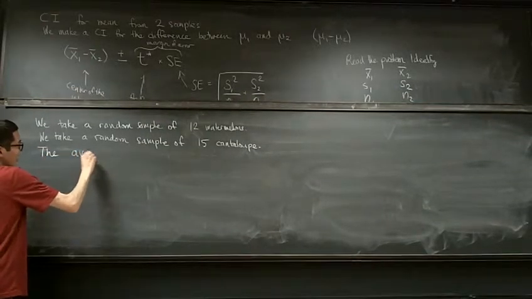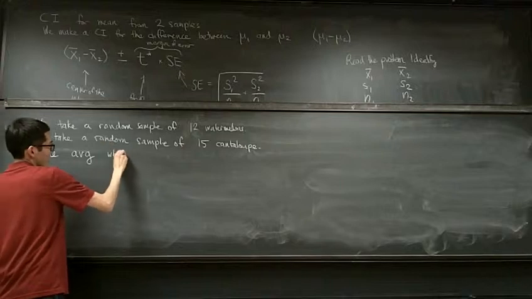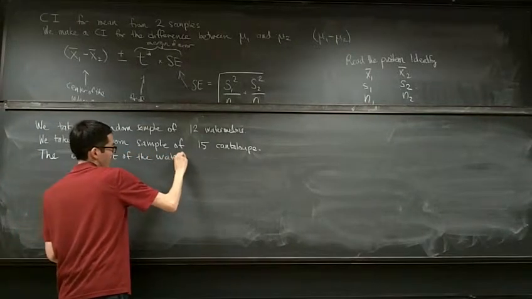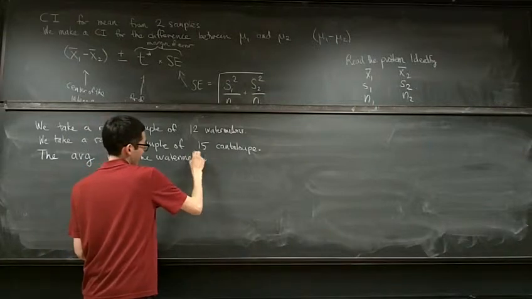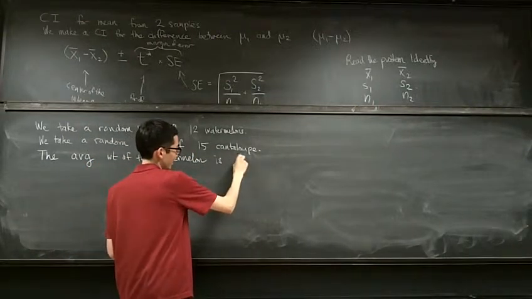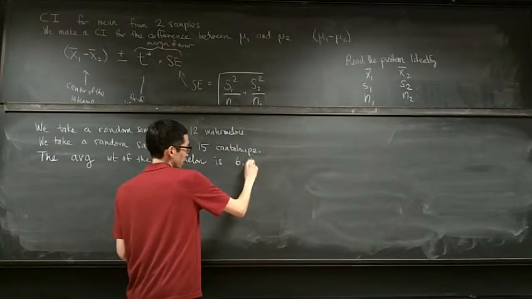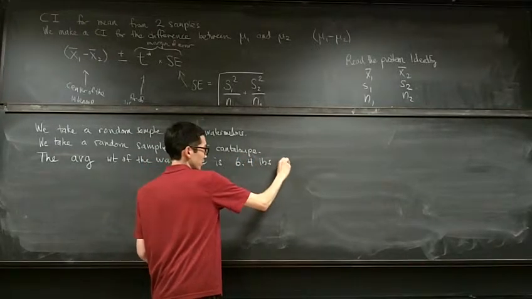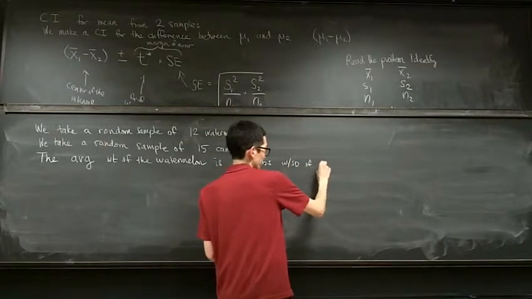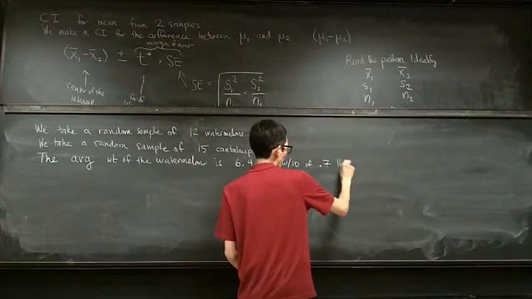The average weight of the watermelon is 6.4 pounds with a standard deviation of 0.7 pounds.